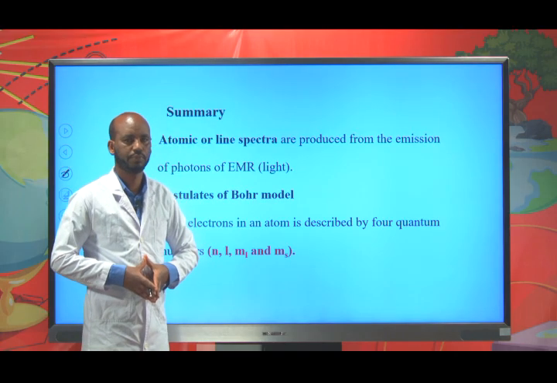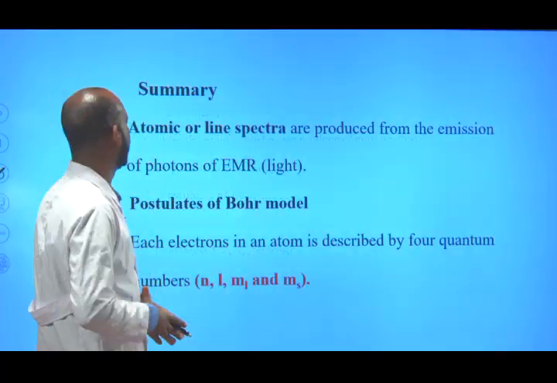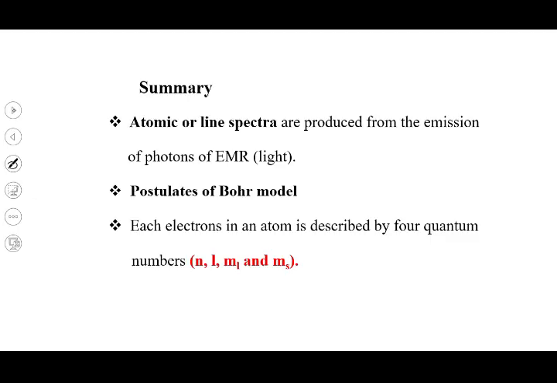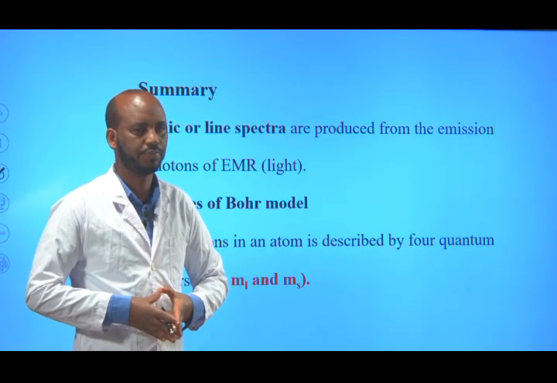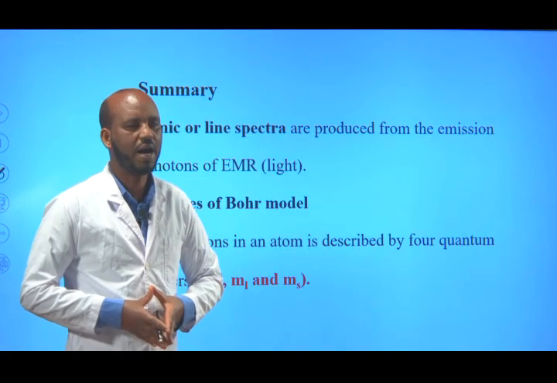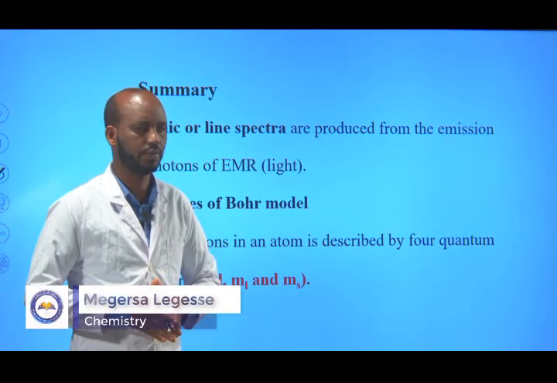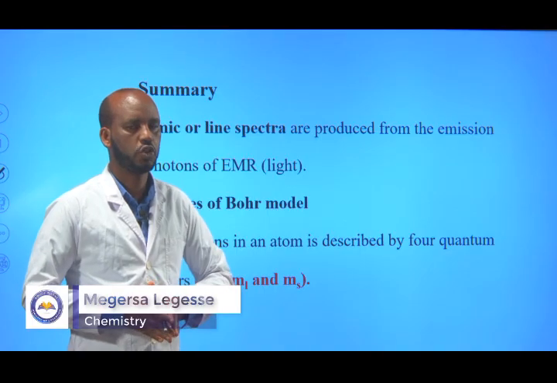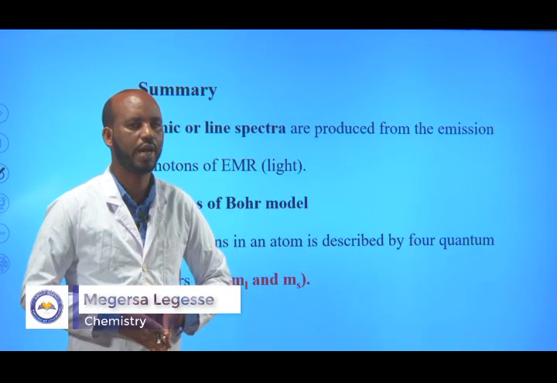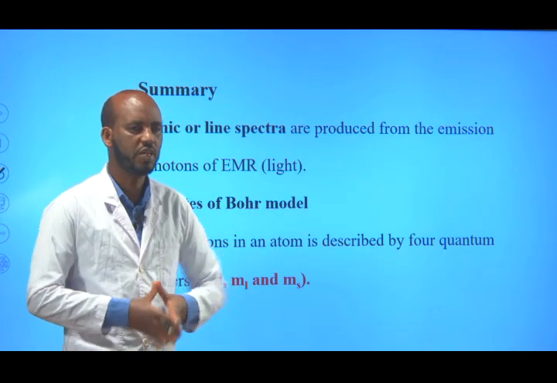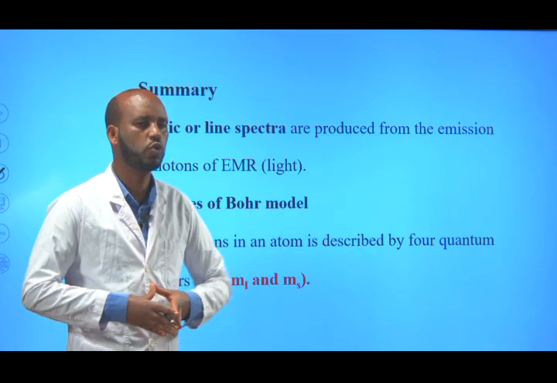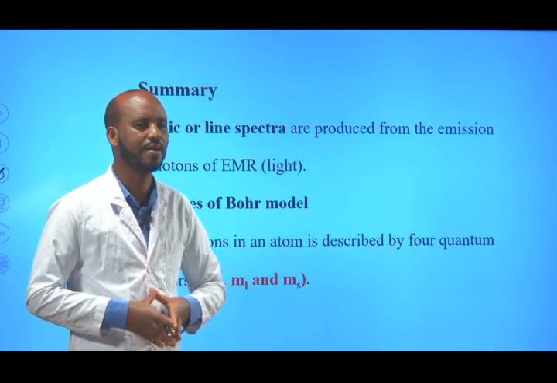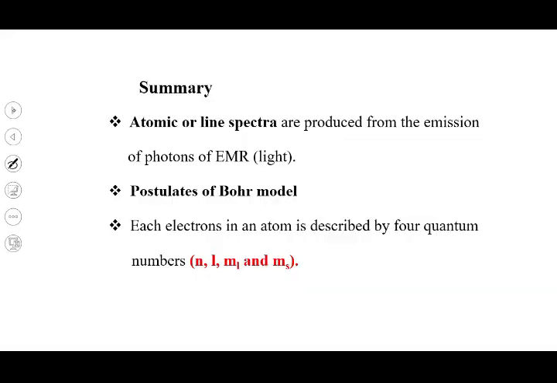Students, in today's lesson, we learned about atomic or line spectrum. As we said, when an atom is vaporized, thermally or electrically excited, it emits light with a discrete frequency. If this light is allowed to pass through a prism, it produces a line spectrum rather than a continuous spectrum.